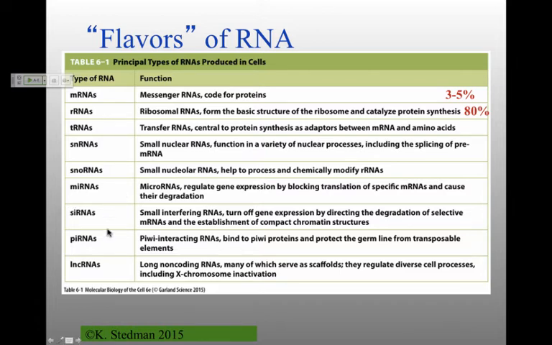So microRNAs, small interfering RNAs, piRNAs, and long non-coding RNAs. These, again, are the newer ones. We'll talk a lot more about them as we move through the rest of the course. But most of these are regulatory RNAs. And a lot of them, we don't really know what many of them do, particularly these long non-coding RNAs. We know in a couple of cases, like X inactivation, they're important for that, but in many other cases, that's not the case.